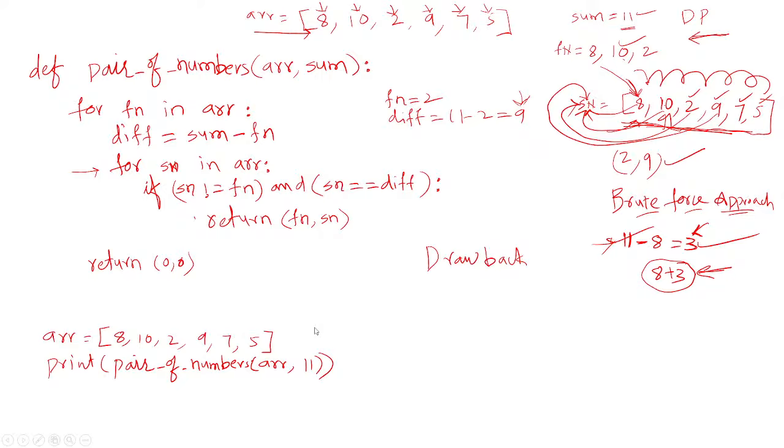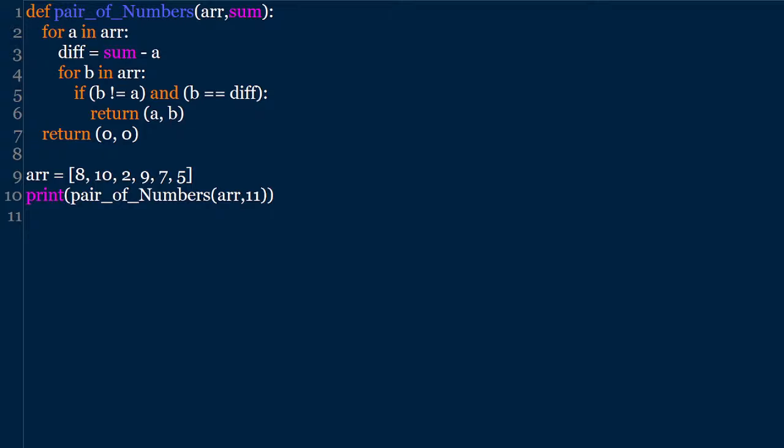So let us open this, ideally. This is our code. Whatever you can just name it as A, B, first number, second number. Whatever names you want to use, you can use those names.